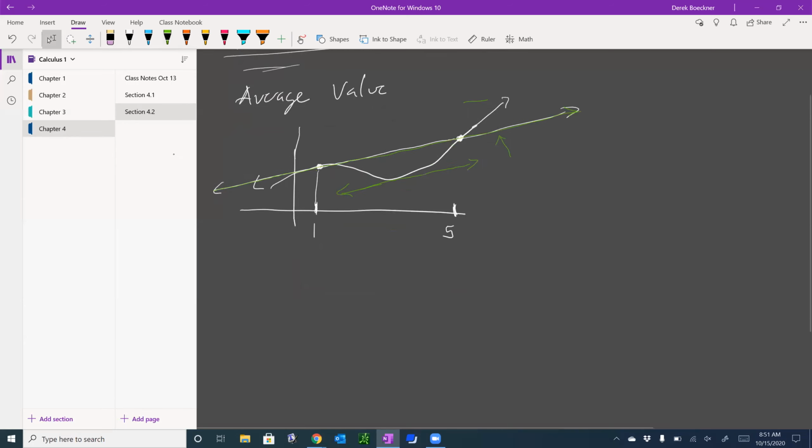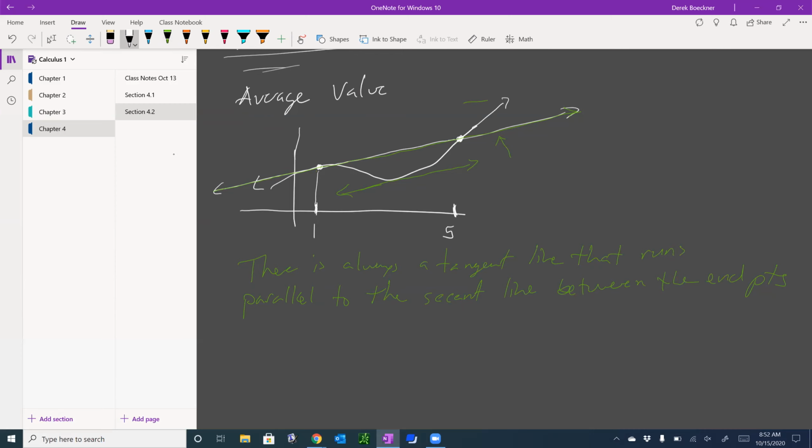So there is always a tangent line that runs parallel to the secant line between the endpoints. Okay.